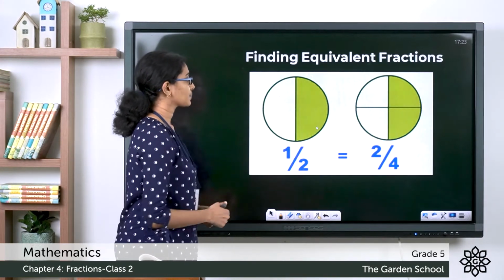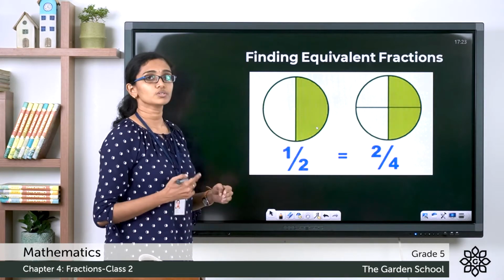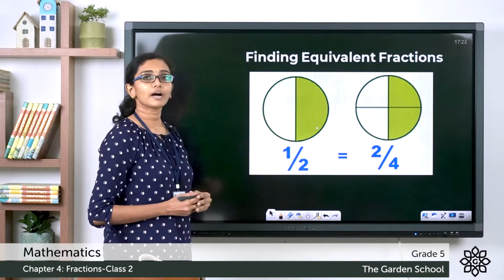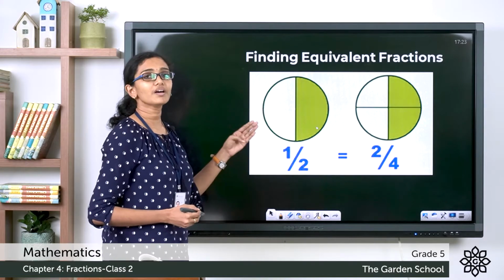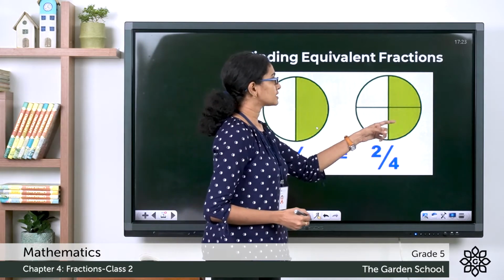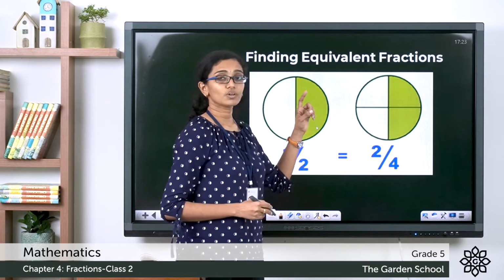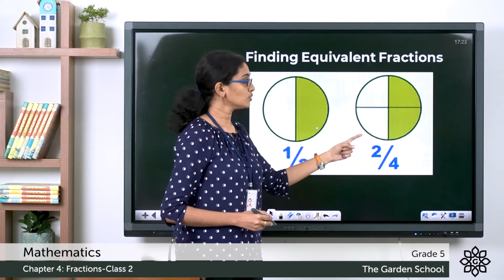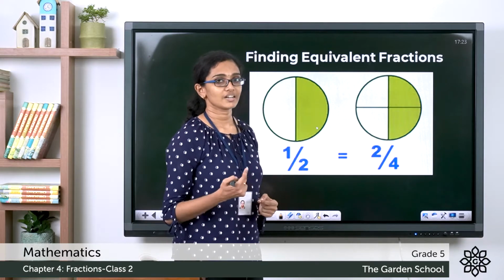In this case, one part out of the total two parts is colored in green, so the fraction is 1/2. And here, two parts out of the total four parts are colored in green, so the fraction is 2/4, right?